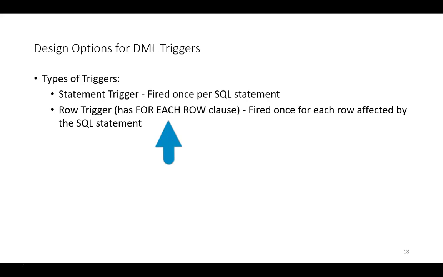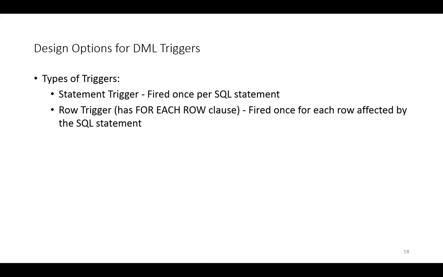This is indicated by a special clause, for each row. If we have a delete trigger which is specified as a row level trigger and we cause 5 rows to be deleted, this type of trigger will fire 5 times. It fires once for each row affected by the SQL statement.